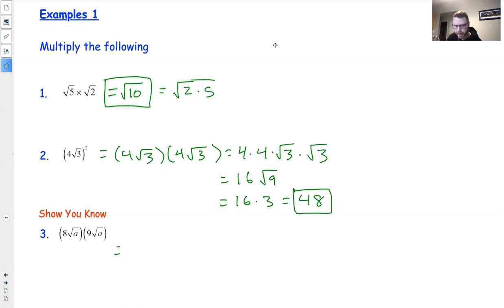So 8 times 9 times root a times root a. That will give us 72 root a squared. When you take the square root of something that is squared, you'll just get the value of that number or variable. So our final answer there will be 72a.